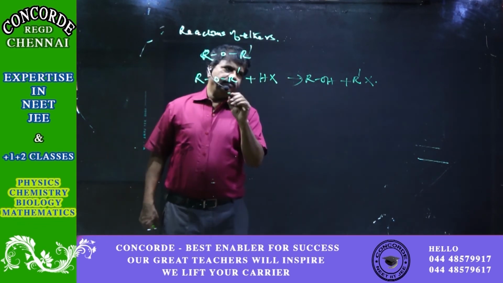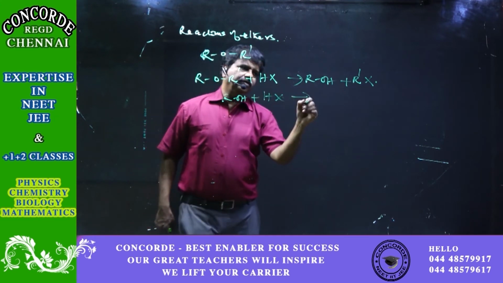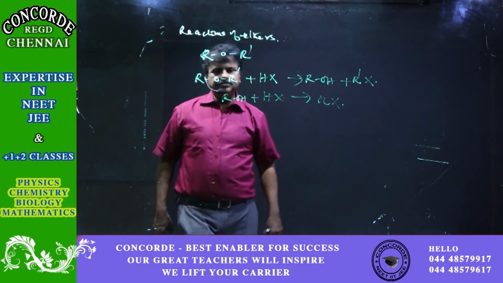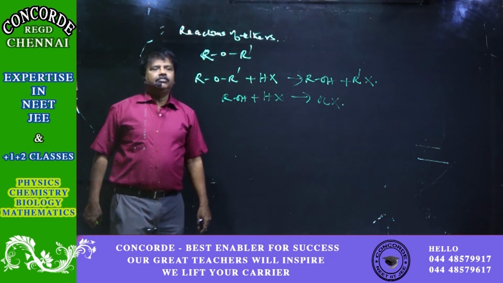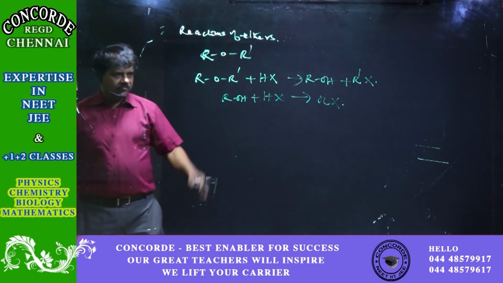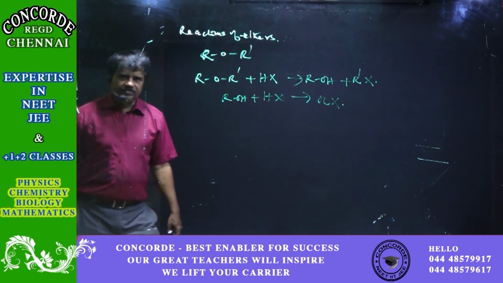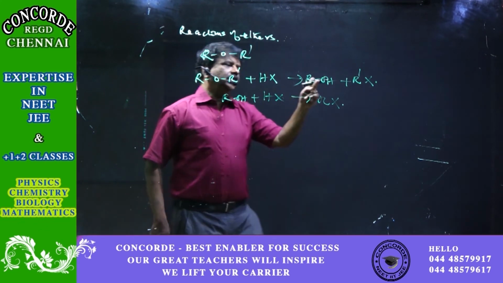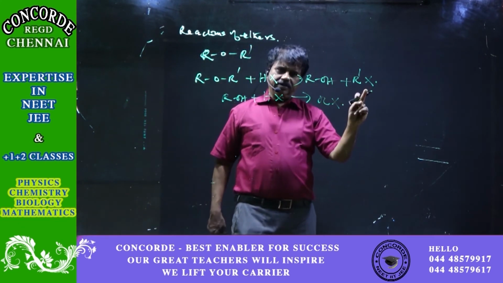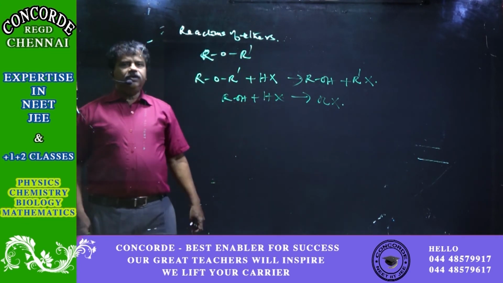This alcohol on further reaction with HX also gives RX. If it is an aliphatic ether, where R and R dash are both aliphatic, that is straight chain compounds, we get alcohol and halide, and the alcohol is further converted to halide.